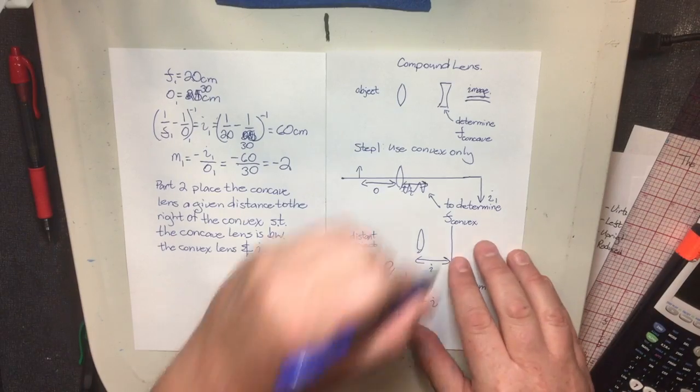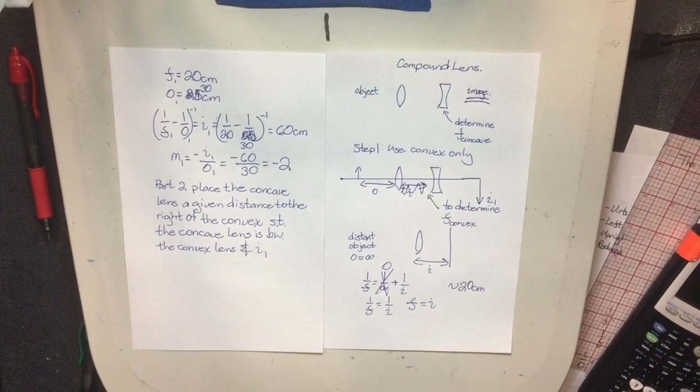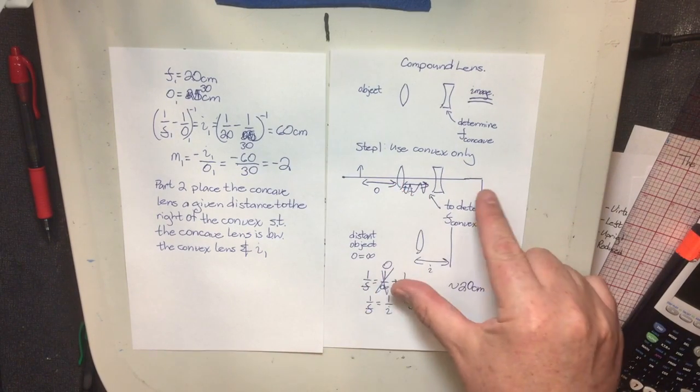So what you're going to do is put a concave lens somewhere between the convex and the image.